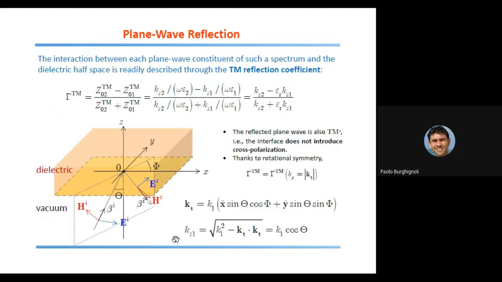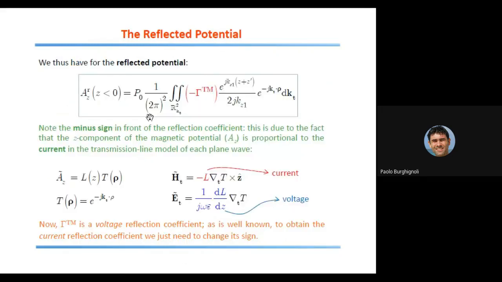Okay, so we can now write the reflected potential by simply inserting this coefficient minus gamma TM inside the Weyl representation for the incident wave. Note that we have here changed the sign in the exponential in order to have a wave that propagates in the negative z direction.